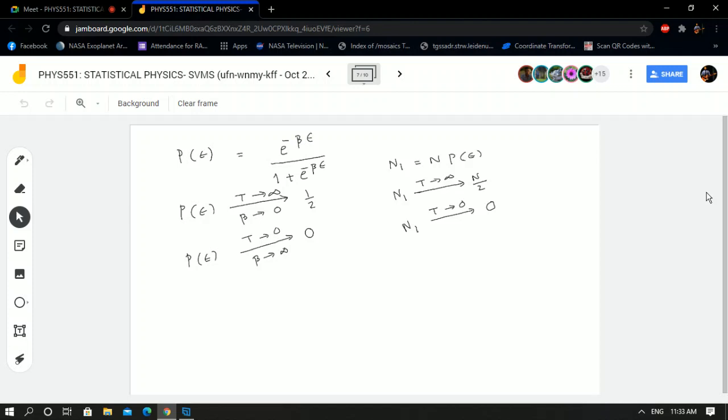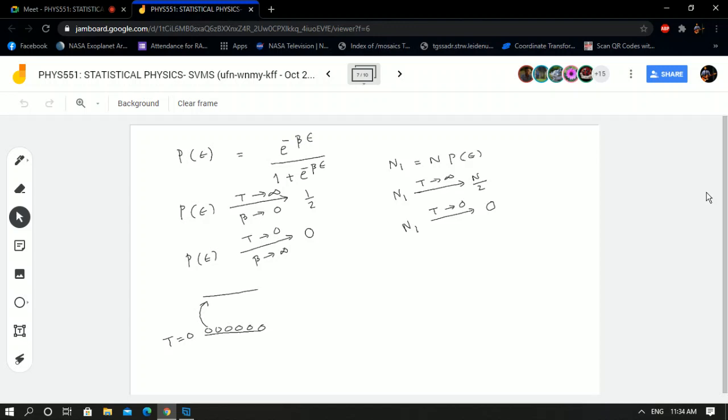That is understandable because now imagine that this is your ground state and this is your excited state. Suppose at time t equal to 0 all the particles are in the ground state, that is, your temperature T is equal to 0. Now as you increase the temperature, some particles will get some energy and try to go to the excited state. You go on increasing the temperature, and more and more particles can go to the excited state.